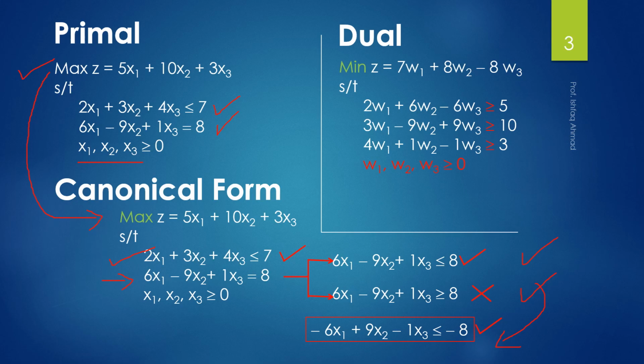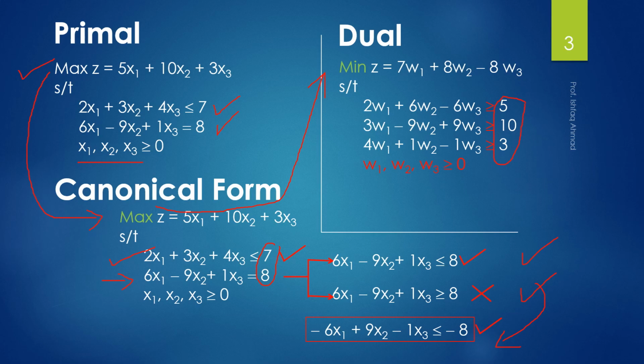So for this canonical form with its three constraints and the maximization objective function, we will convert the maximization objective function into minimization in its dual form. The coefficients in the minimization function are the right hand sides of the canonical form constraints, and the right hand sides of the dual form are the coefficients of the objective function in its canonical form.